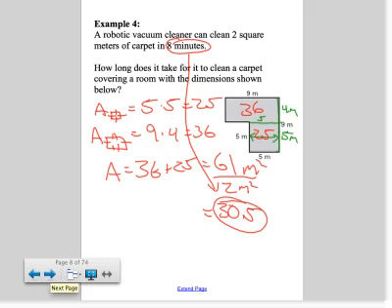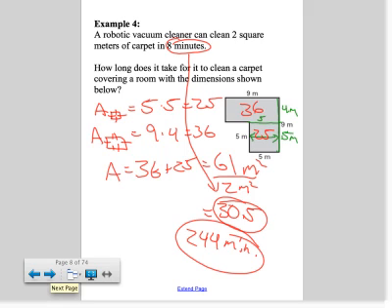And so what you do is you'll end up doing 8 times 30.5. So I do 8 times 30.5, and I get 244 minutes for this vacuum cleaner to vacuum this room.